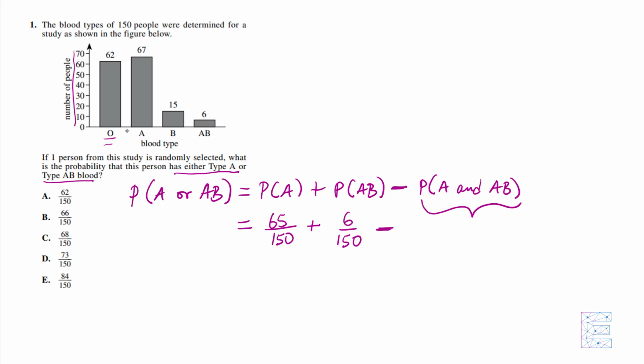You can't have both types of blood. So seeing that there is no overlap, we don't need this last part. You can always make that determination by reading the question carefully and seeing if it makes sense to subtract an overlap if you have one. So quick arithmetic, 67 plus 6 is 73 over 150, which makes D the answer to this question.